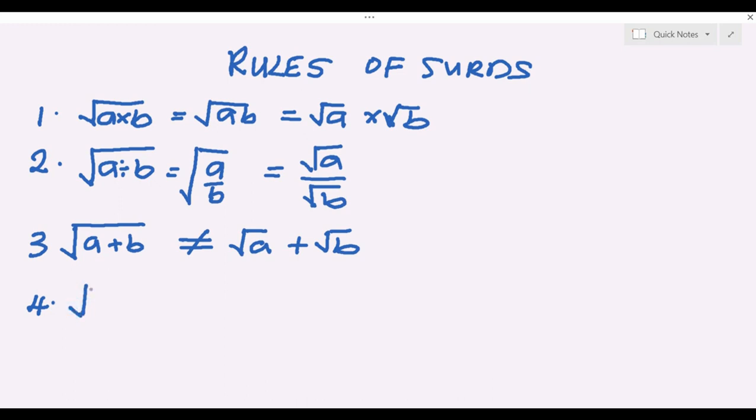If you have the square root of a minus b, this is not the same as the square root of a minus the square root of b. Once we know these rules, we will be able to do our calculations in surd without problems. So let us start. The first thing we are going to do is simplification of surds.